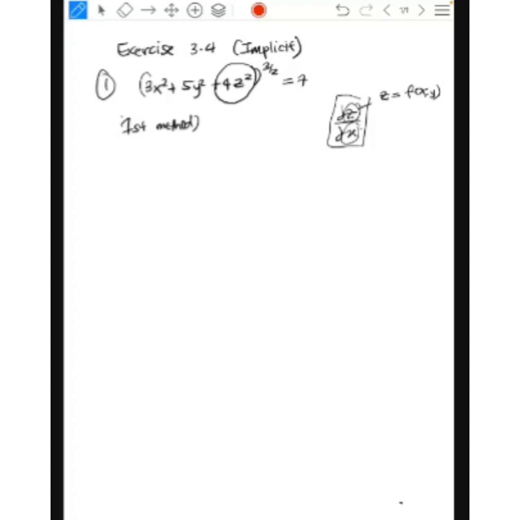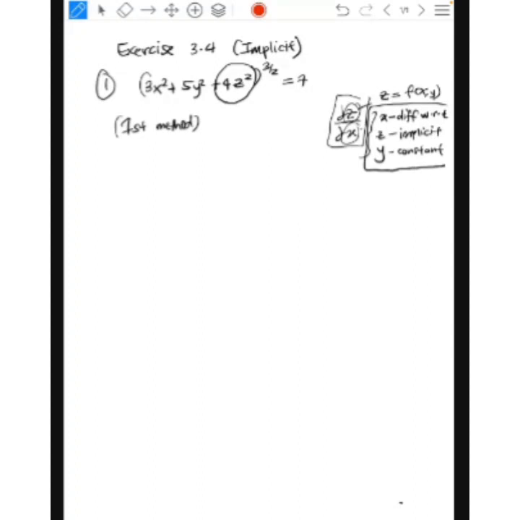So I want to differentiate with respect to x. I have 3 types of variable here. The first one, x, is what you want to differentiate with respect to. The z is the implicit variable. And the y is constant. So you have to bear in mind all these 3 types of variable in the implicit function.